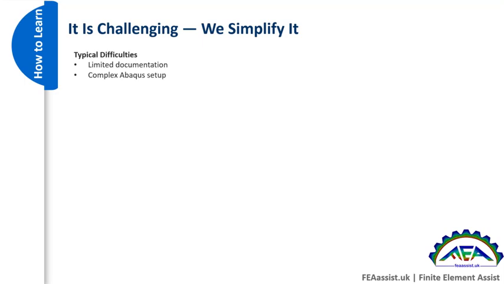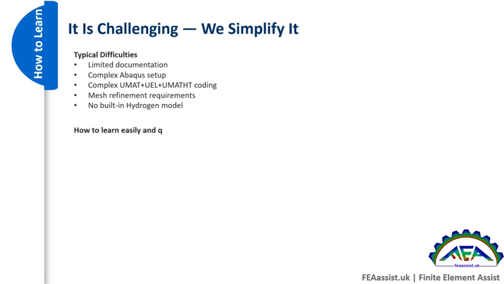And we have complex Abaqus setup, complex UMAT UEL UMATHT coding and subroutines, mesh refinement due to crack and fatigue design, and there is no built-in hydrogen model in Abaqus. These are the challenges in hydrogen modeling in Abaqus. But we have made it very simple, so you can learn it easily and quickly.